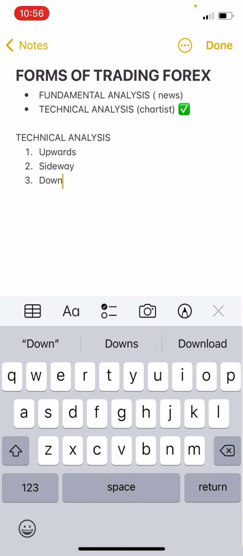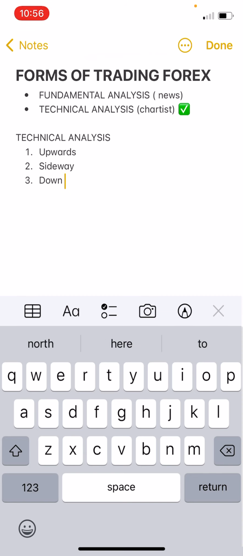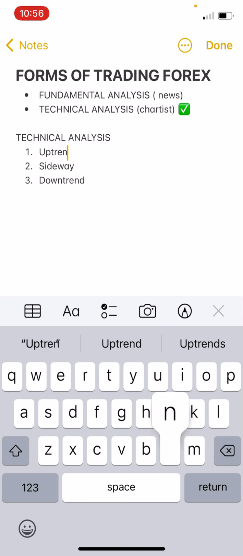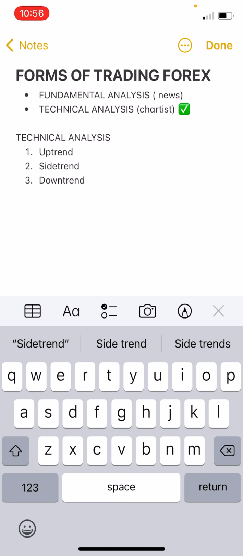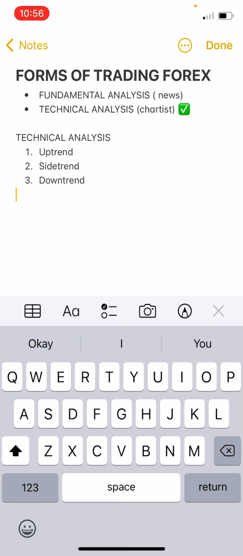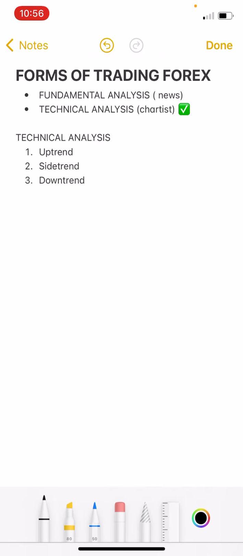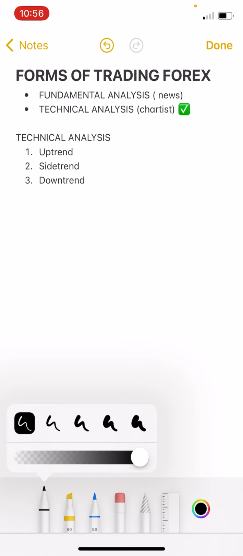Some people will call it uptrend, downtrend, and side trend. Now, the three trends are different. For the uptrend, it looks something like this.